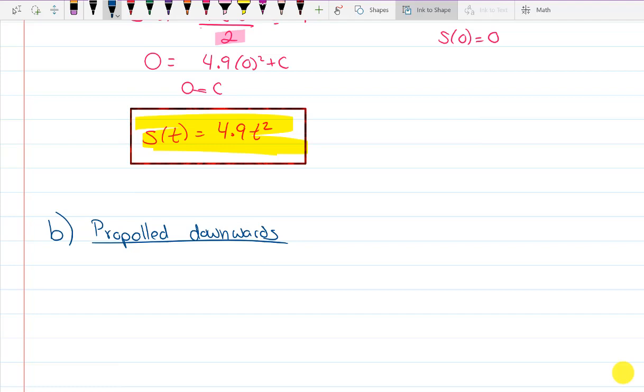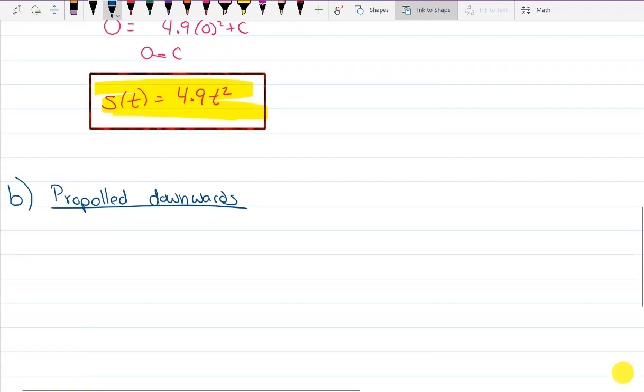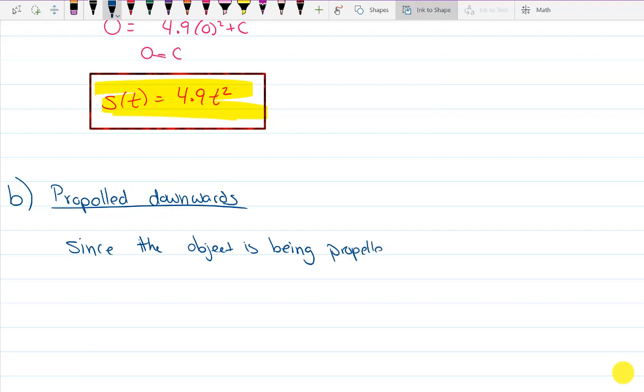So in this example, we're still starting from an initial position, but since the object is being propelled downward, it has an initial velocity of 1, because it's being propelled downward at 1 meter per second.